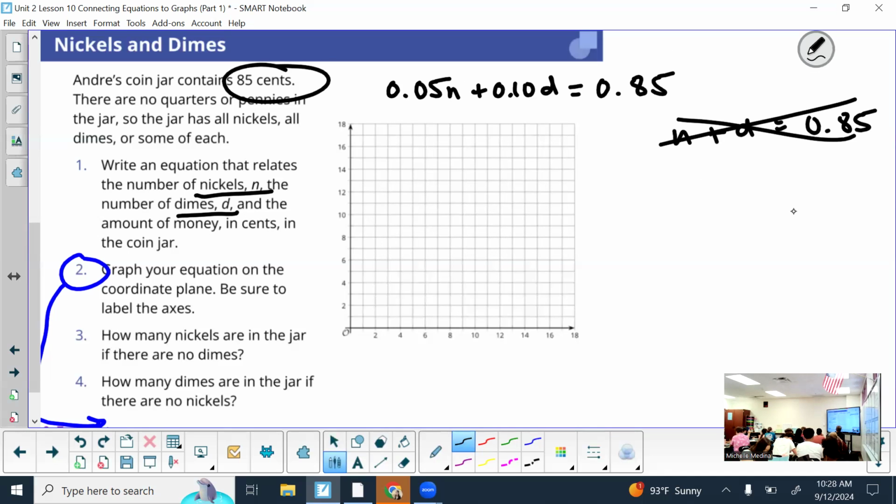If you did it where you didn't put it in dollar amounts, then it might look like this. But I want to be able to graph it, so I'm gonna do it like this. Okay. If there are no nickels in the jar, how can I figure that out? What do I need to plug in a 0 for?